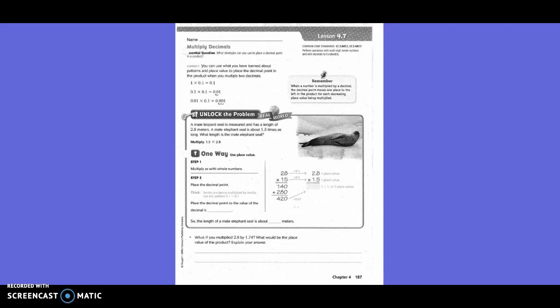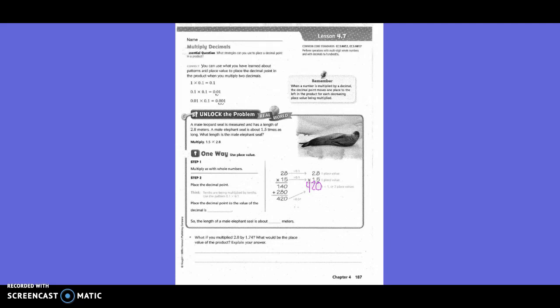So then what they would do is, what are they going to write over here in that shaded blue box, guys? They're going to write 420, right? Okay. Then, how many place values do we have in the original numbers?